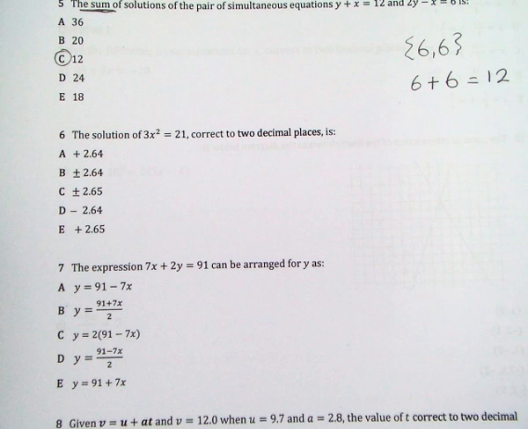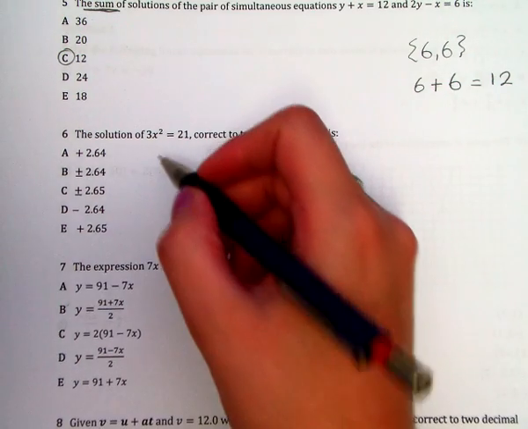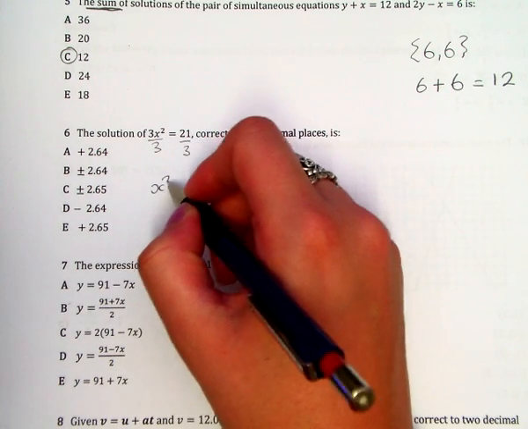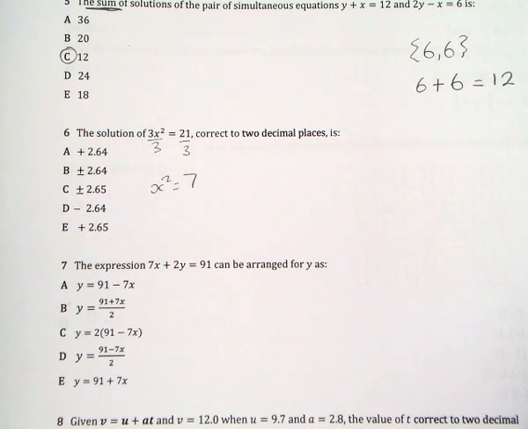Question 6. The solution of 3x squared equals 21, correct to 2 decimal places, is. We've got to think, we're trying to get x on its own. This time we need to do 2 steps in order to get this x on its own. We've got to divide both sides by 3, giving us x squared is equal to 7. 21 divided by 3 gives us 7.